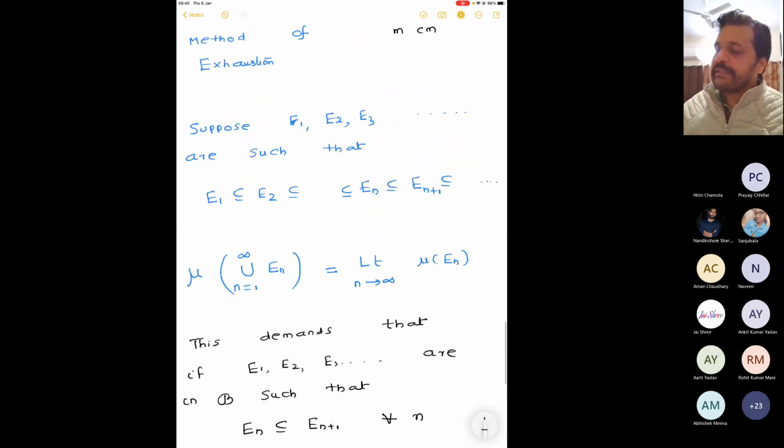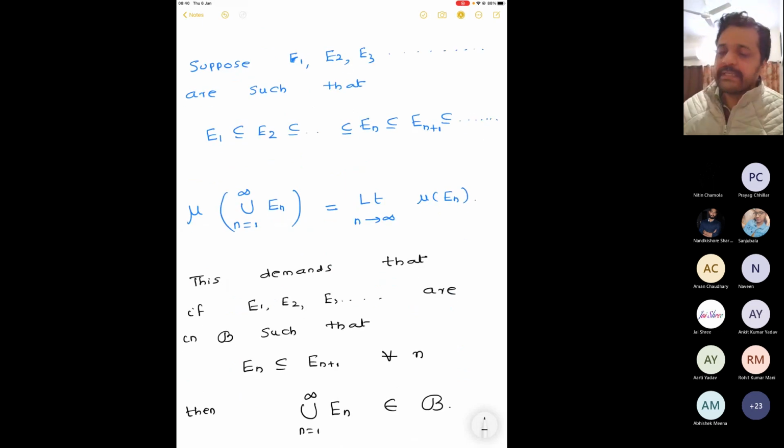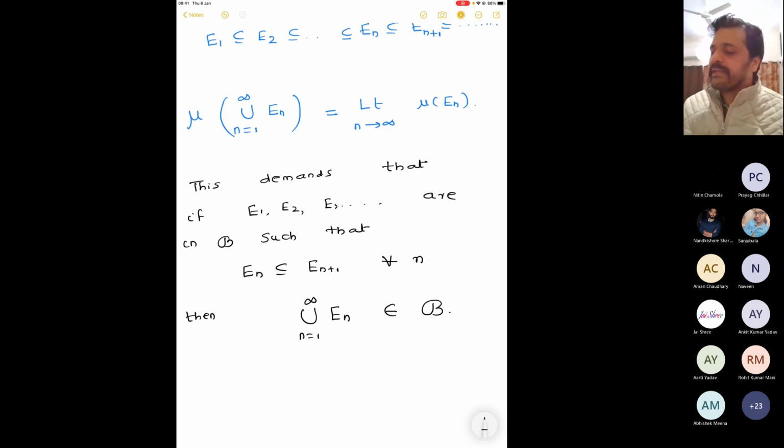So the principle of method of exhaustion tells us that if we are looking for a nice generalization of earlier measurement, I want mu of the union to be equal to the limit of mu of En, for any En satisfying these conditions, successively becoming better and better. That will automatically tell you the condition that I am looking for on B. Give me 1 minute, I will be back.